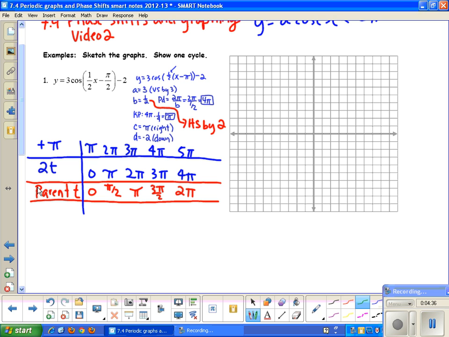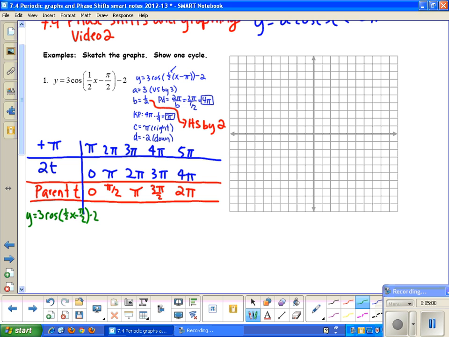Then the second part I'm going to do is find my y values by plugging it into my entire equation. So in this case, I'm doing 3 times the cosine of 1/2 x minus pi over 2, minus 2, is what I'm really doing when I'm doing this equation part.